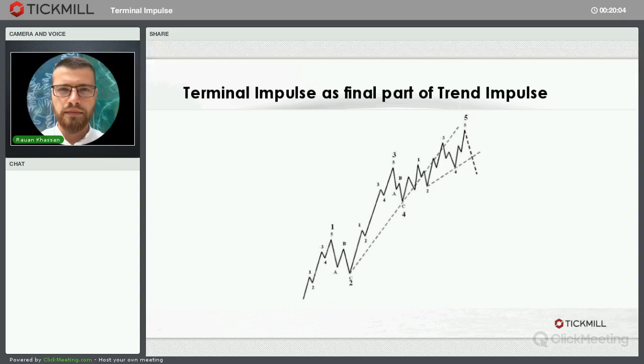As a rule, once signal line 2-4 is crossed, that means that wave number 5 is finished. But in the case of this example, you see that whereas the line is crossed, wave 5 continues being developed as part of terminal impulse.